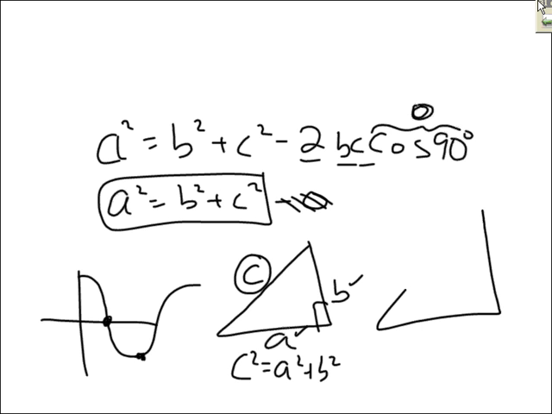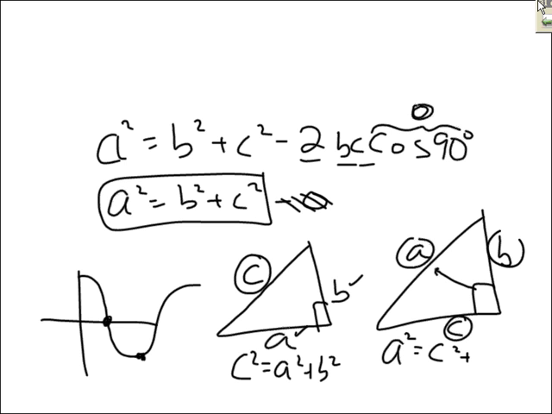But it doesn't matter what I call them. If I call this A and this B and this C, and I say right triangle, that's the hypotenuse. The hypotenuse squared equals one leg squared plus the other leg squared. That's the Pythagorean theorem. It's not c squared equals a squared plus b squared.